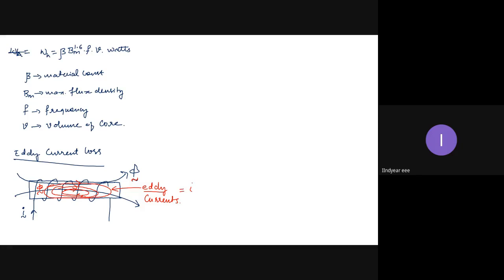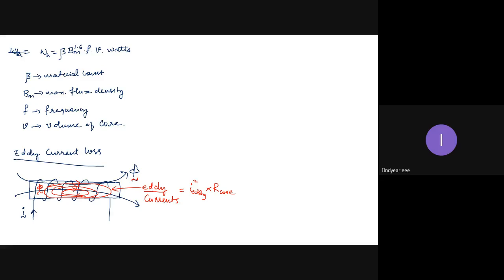I can call this I eddy square into R core. I square R losses occurring in the core. When eddy currents flow against the core resistance, eddy current losses occur.